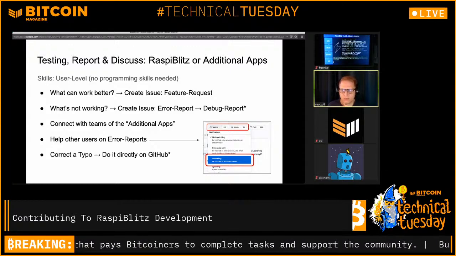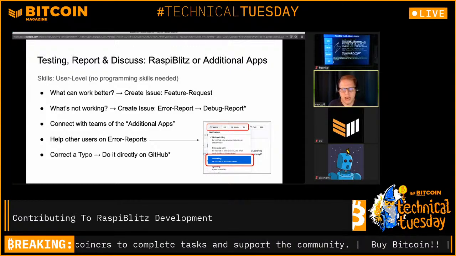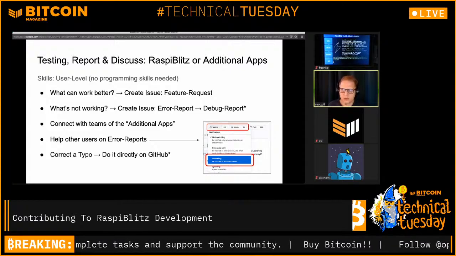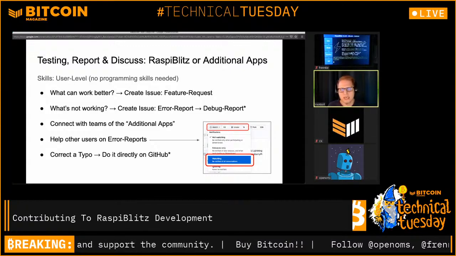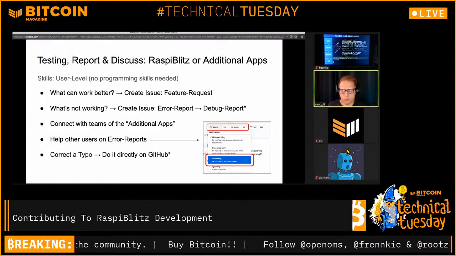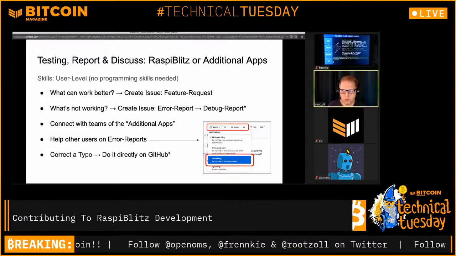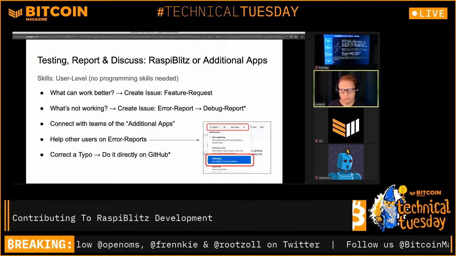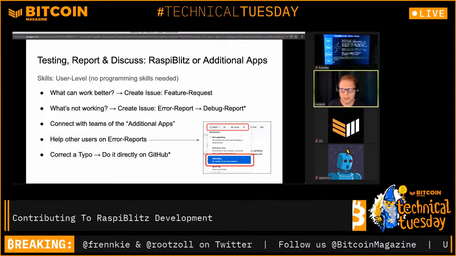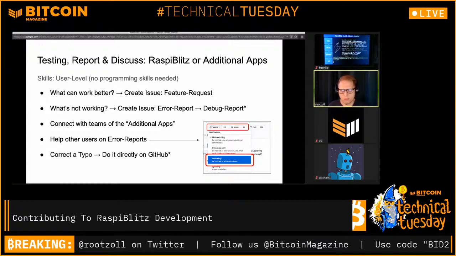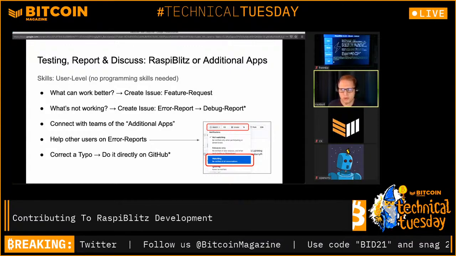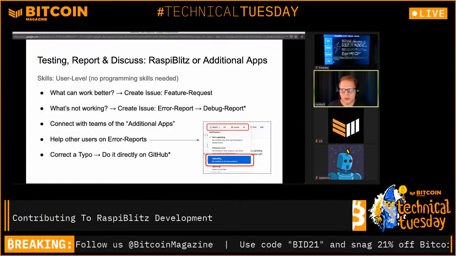Then one part of this kind of contribution is also to connect to the teams of the other projects that are building the additional apps. Because the Raspiblitz comes from the background of the Fulmo Lightning Hack Days, with a lot of people building other apps in the Lightning ecosphere, and we try to integrate them on the Raspiblitz, or other people contributed them, and then you can try them out.